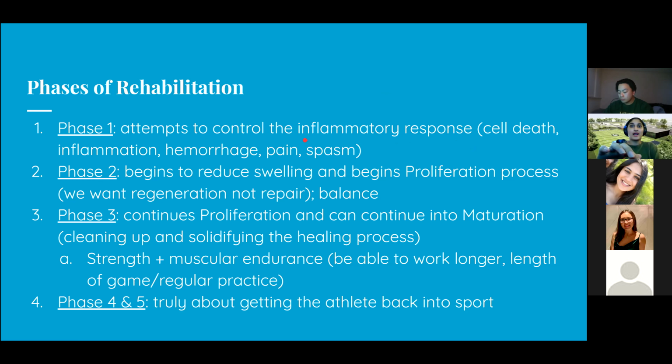I guess the question was asked earlier, this is typically where you ice people's joints. So this is inflammatory response, cell death, inflammation, hemorrhage, pain, spasm. In this phase, we typically try to control some of the pain that the athletes are feeling. So we can use electrical stimulation.